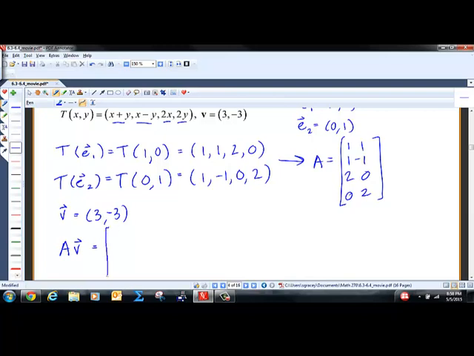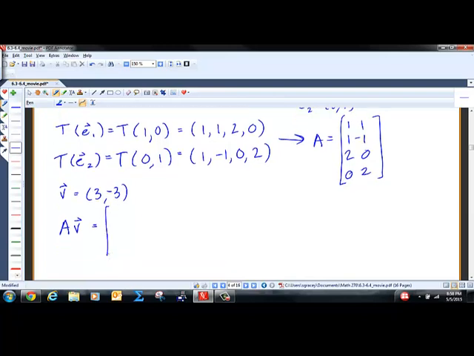So we'll have our A, which was 1, 1, 1, negative 1, 2, 0, and 0, 2. And our vector V is 3, negative 3.